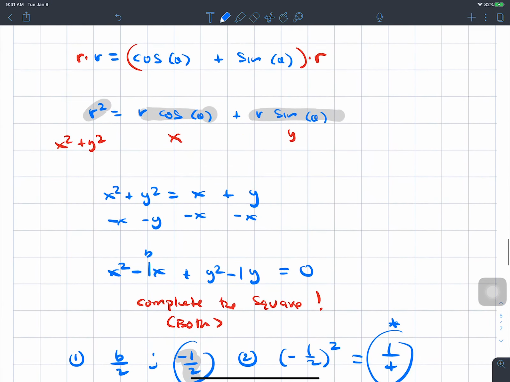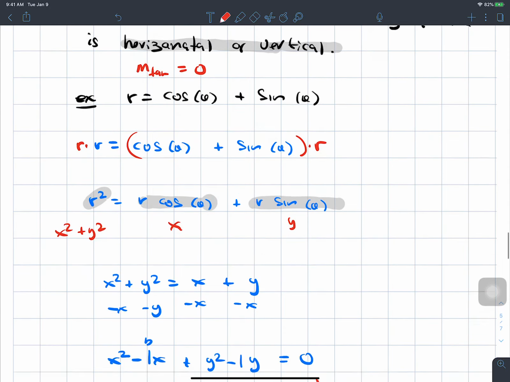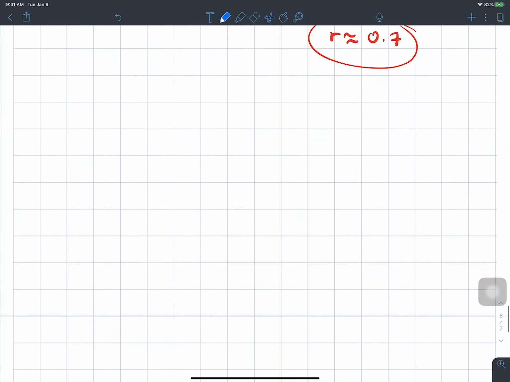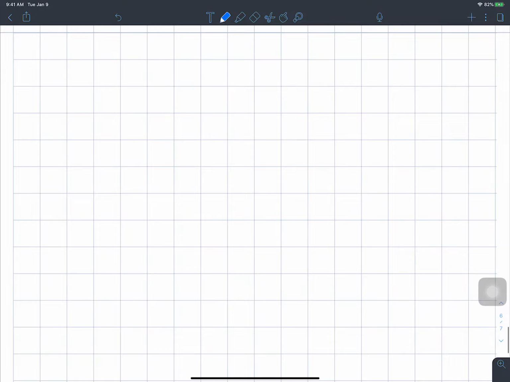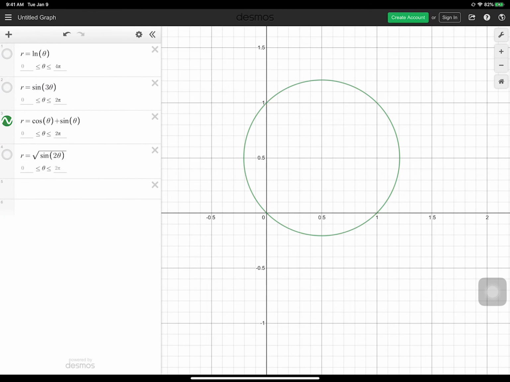Nice. Now let's not forget what we're trying to do with this. Finding where this is what? Horizontal, vertical tangents. M tangent is 0. However, M tangent, if you guys remember, is not... okay.